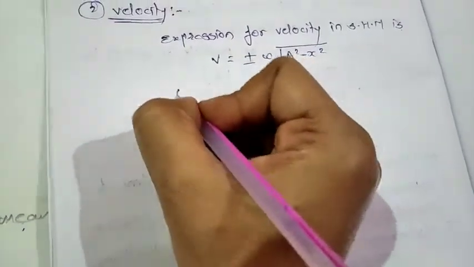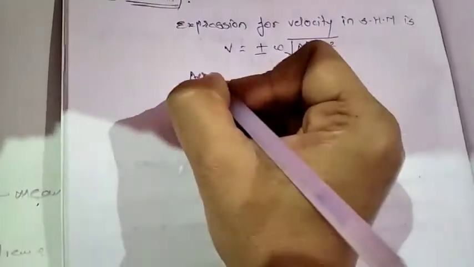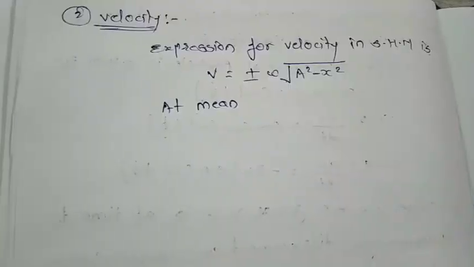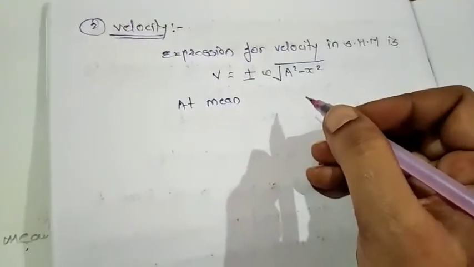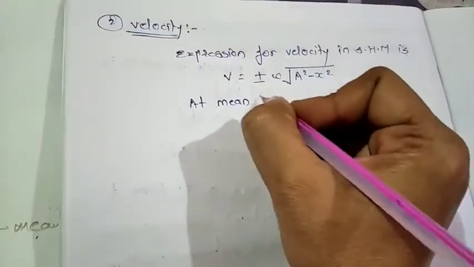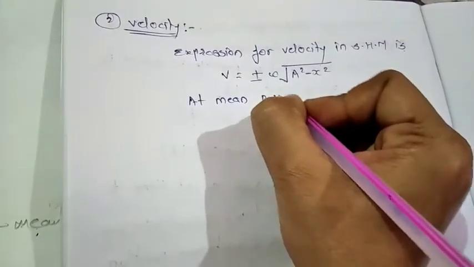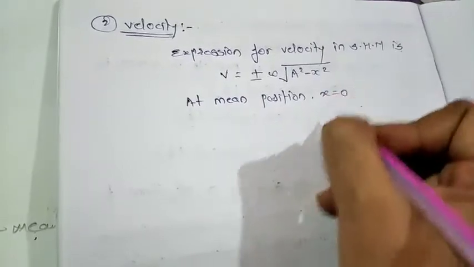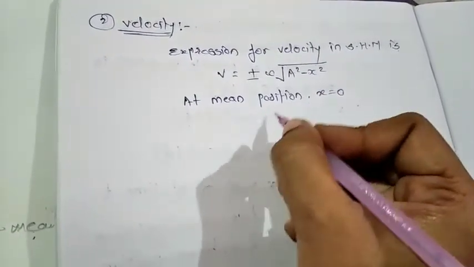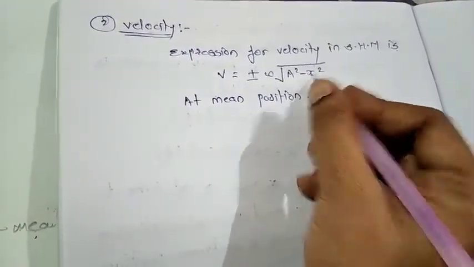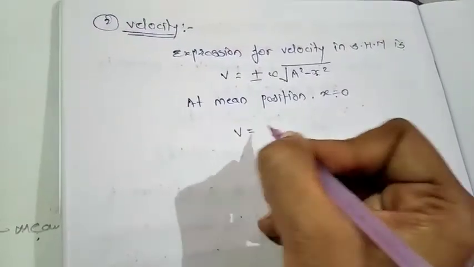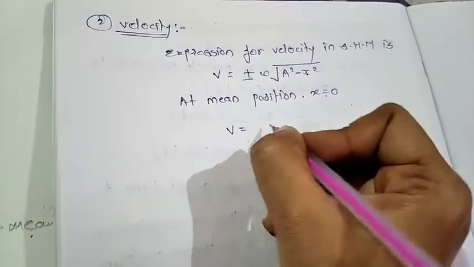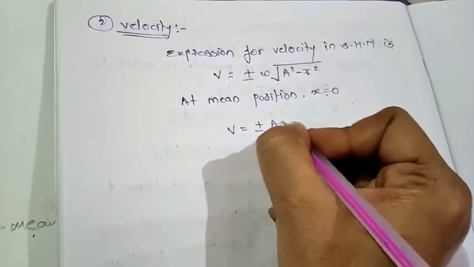So at mean position, we know x is equal to 0, that is displacement is 0 at mean position. Put this value in this equation. So for velocity it is equal to plus or minus a omega.